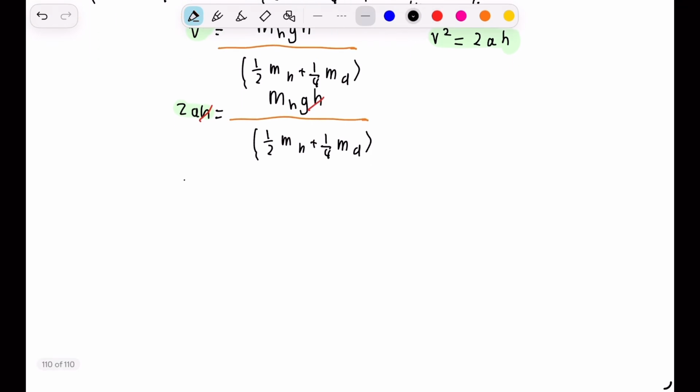After that, we can multiply the denominator.